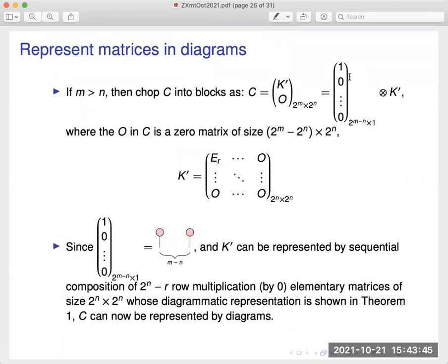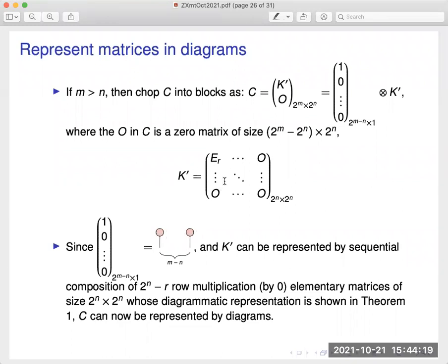So here you get K prime, which is also a square matrix, but of size 2 to the n times 2 to the n, and the bottom part is just 0. So it can be written as a column unit vector tensor with this matrix K prime. Similarly, this one is just the tensor product with this green dot.